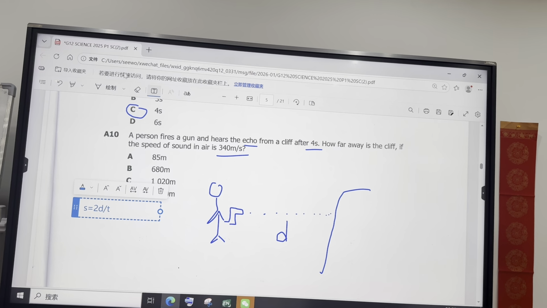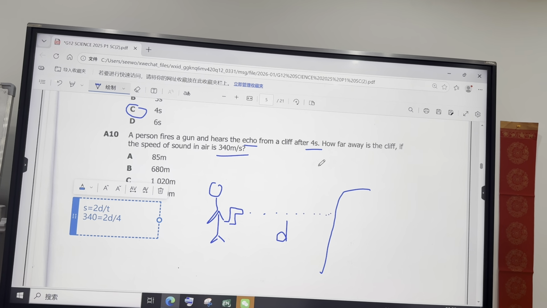So we just use this formula and find the value. The speed has already been given to us, it's 340. So 340 is equal to 2D divided by the time. We know the time it takes is 4 seconds, so divided by 4.